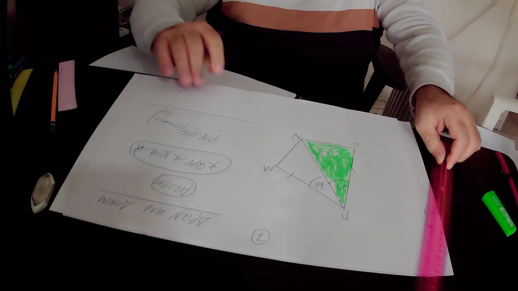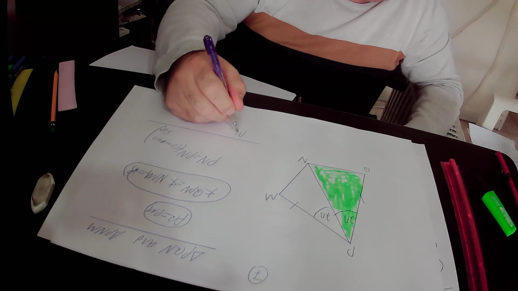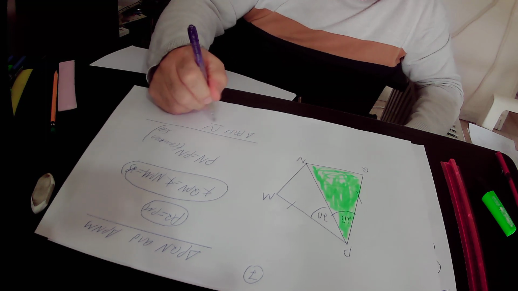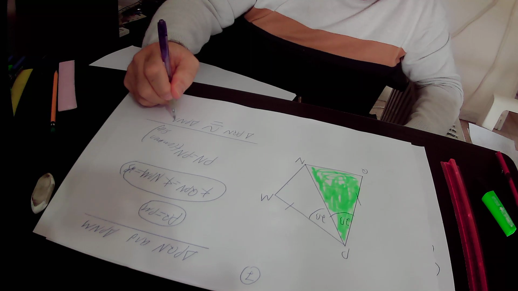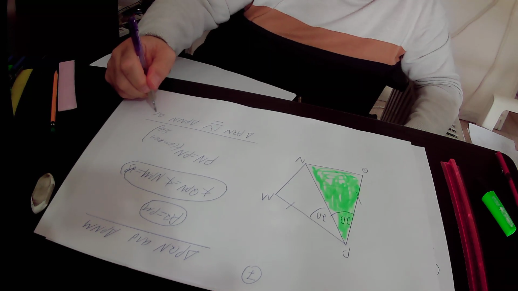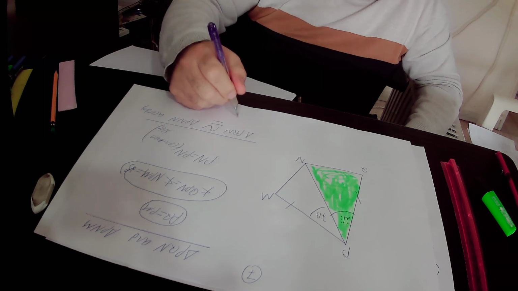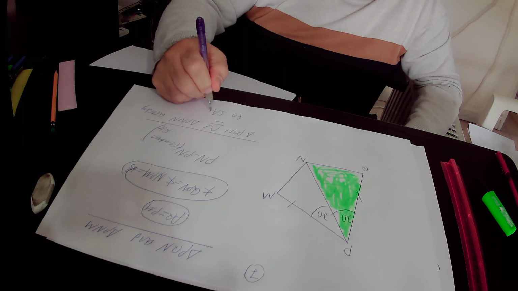So we actually proved that the green triangle PQN can go to the white triangle PNM according to the side angle side rule.